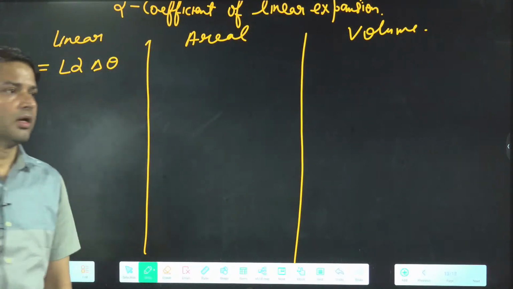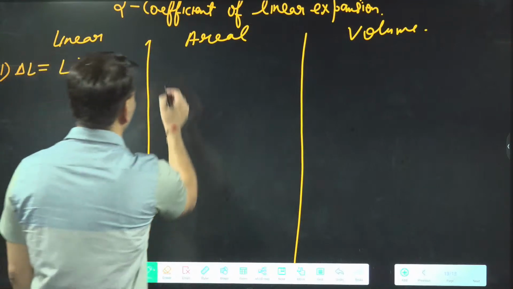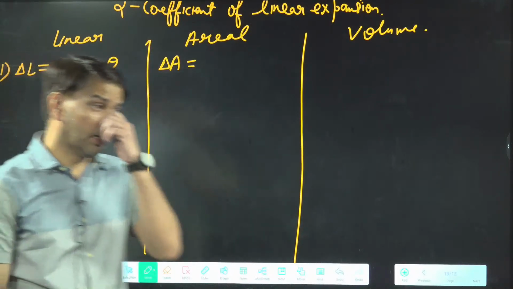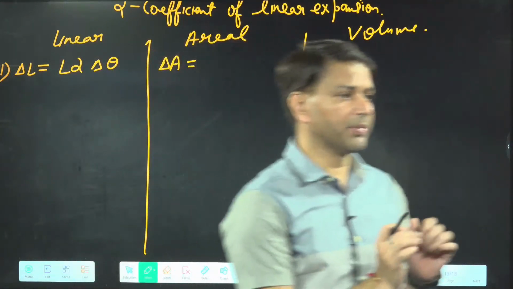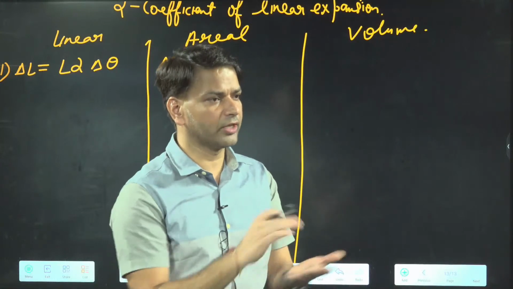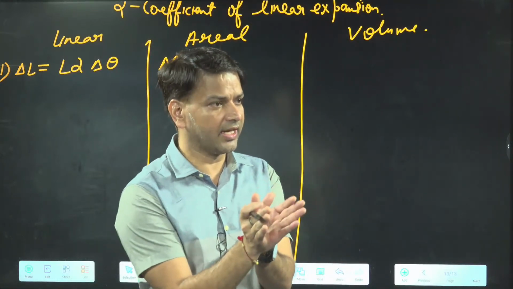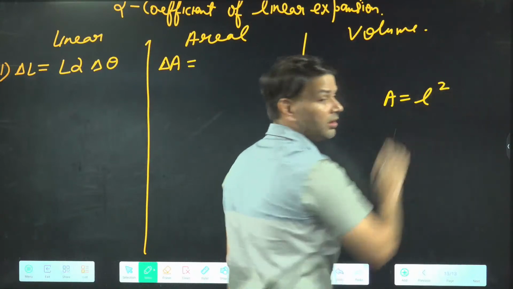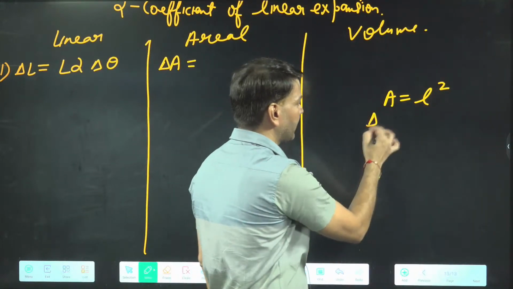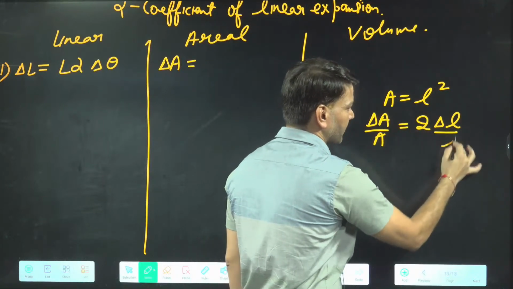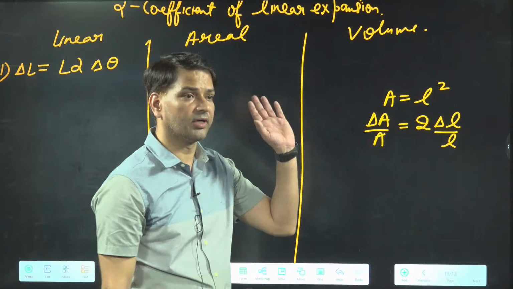Okay, similarly for areal expansion we will write delta A. What can I write for delta A? Now in areal expansion, area we can write simply as L square. So in rough terms I am saying A is L square. So delta A by A, what can I write? 2 delta L by L, as we have learned in error.